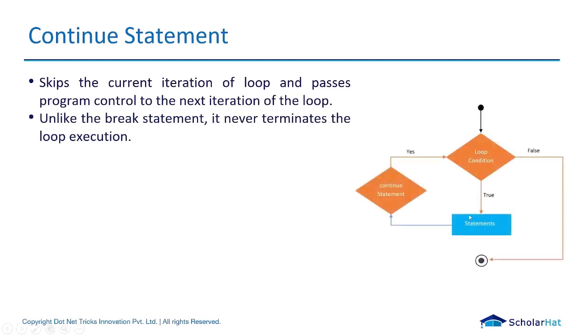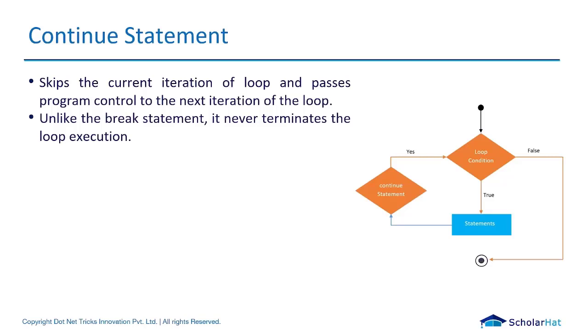If you see the flow chart of it, whatever code comes after continue will just get skipped, and the loop will continue. But in break, the loop will not continue.